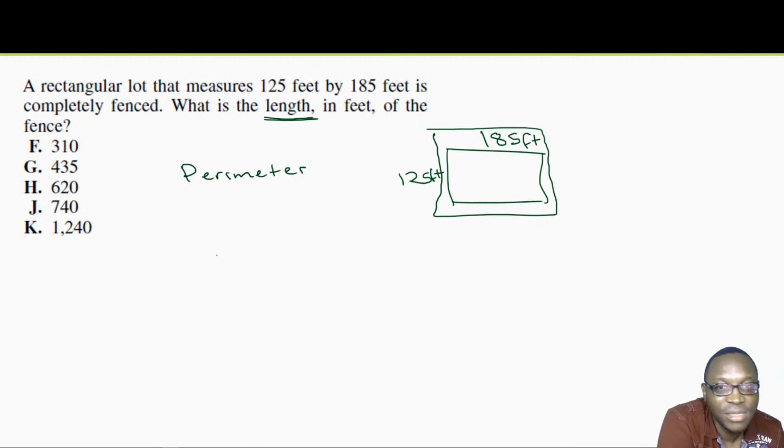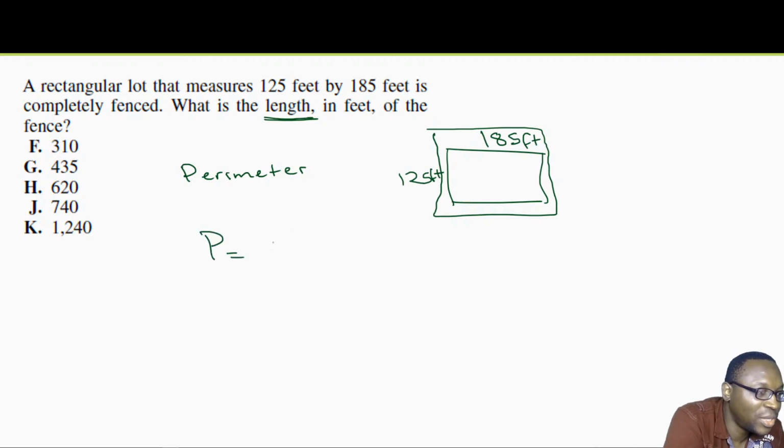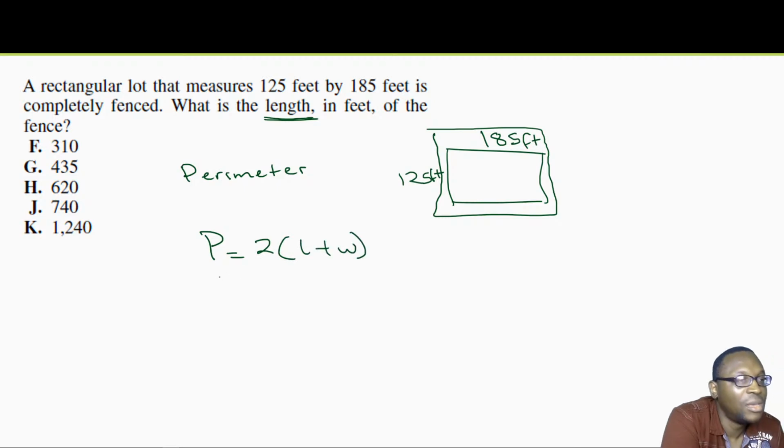Your perimeter is the path around an object, or you can say the length of all the sides of an object. In this case, perimeter is going to be 2 multiplied by length plus width.